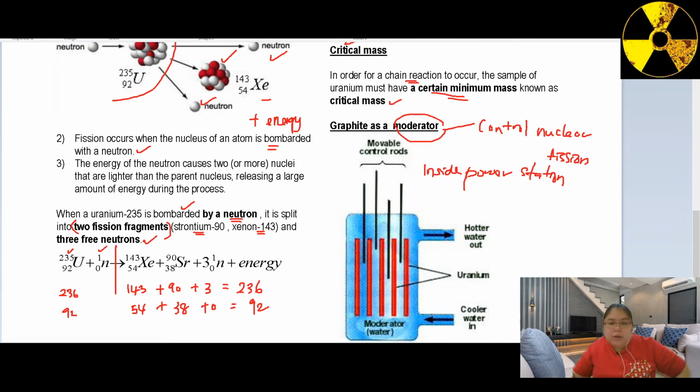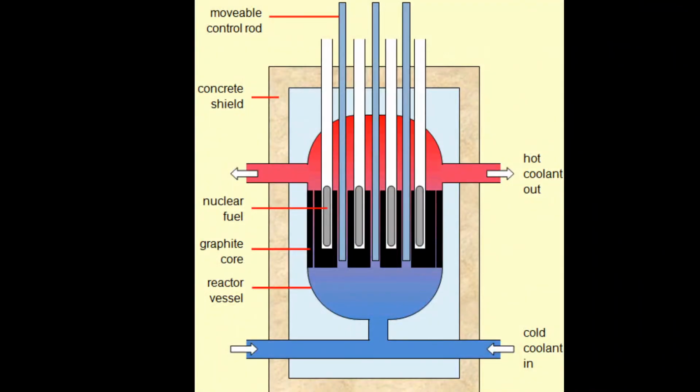This is another diagram for the graphite. This one is more clear. You can see the movable control rod. Then we have the concrete shell. This must be closed, so as not to let the radioactive material or the energy escape. You see the graphite. Graphite is black in color. This whole black part we call graphite.